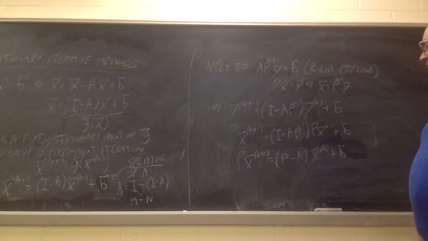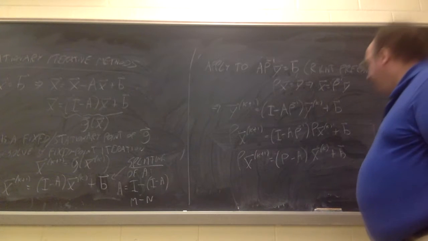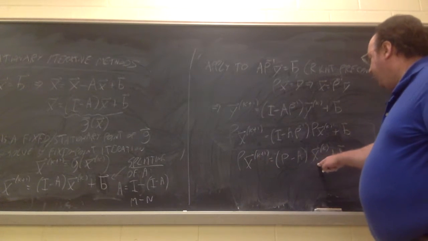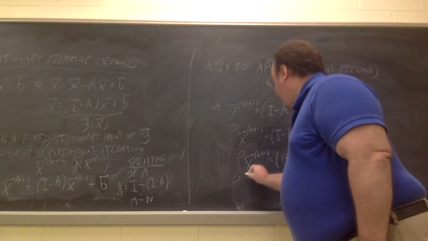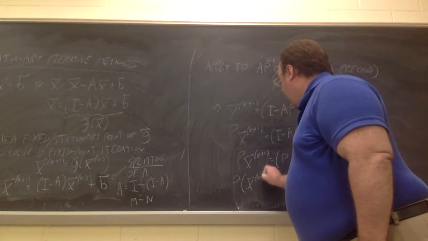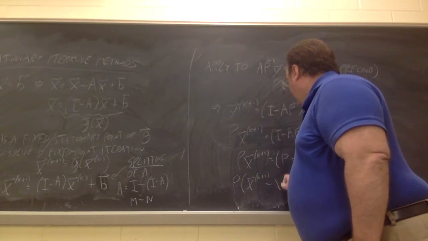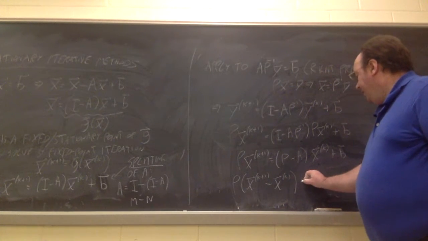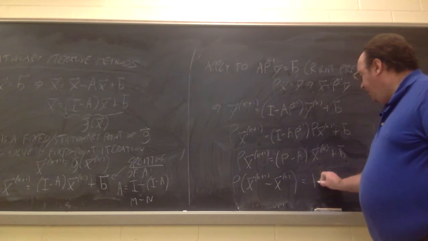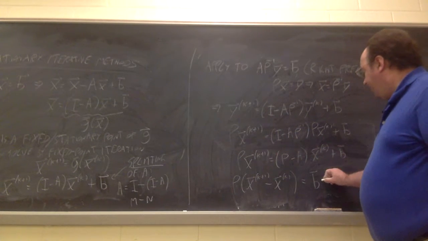So I get A P inverse P. Right. Yeah. Now, the next thing I'm going to do is take the P x_k part and move it to the other side. So I have P (x_{k+1} - x_k). And then on the right side, I still have b - A x_k.